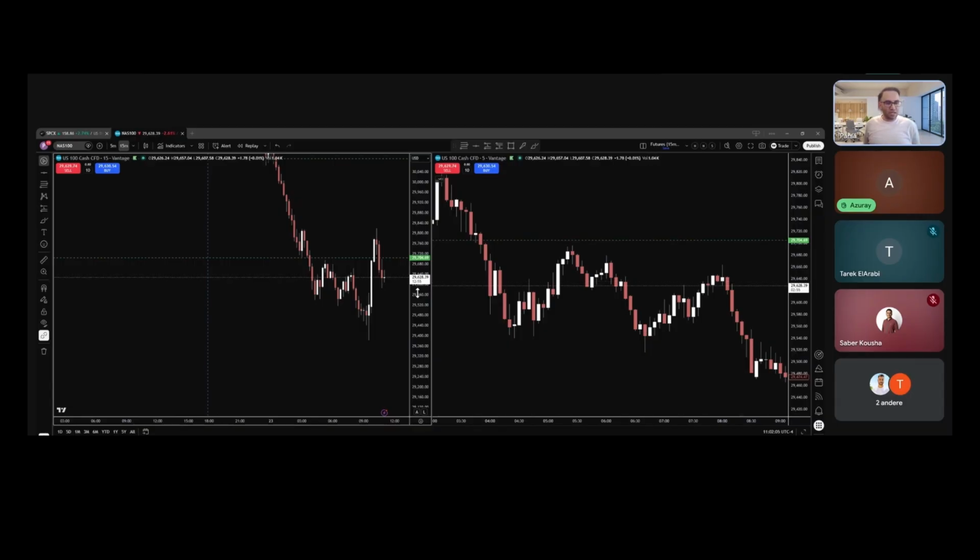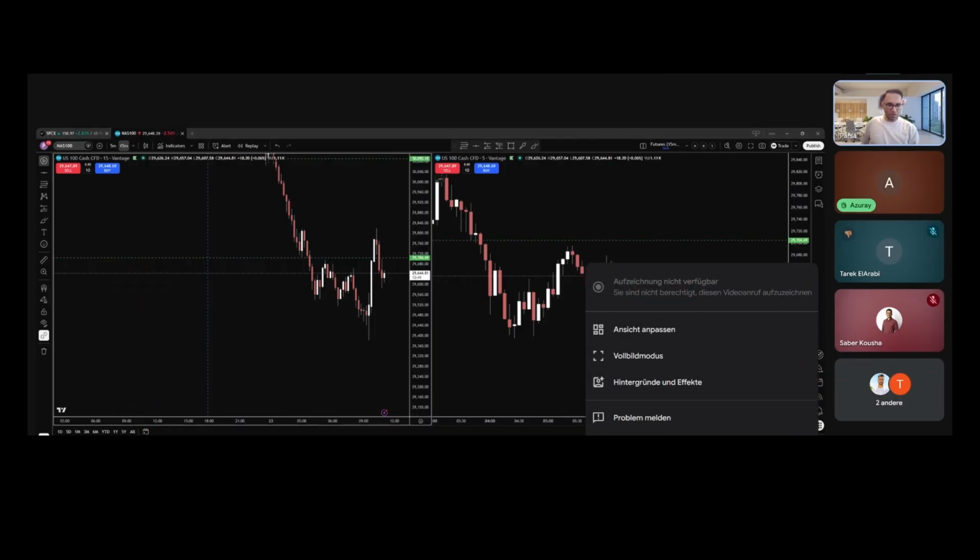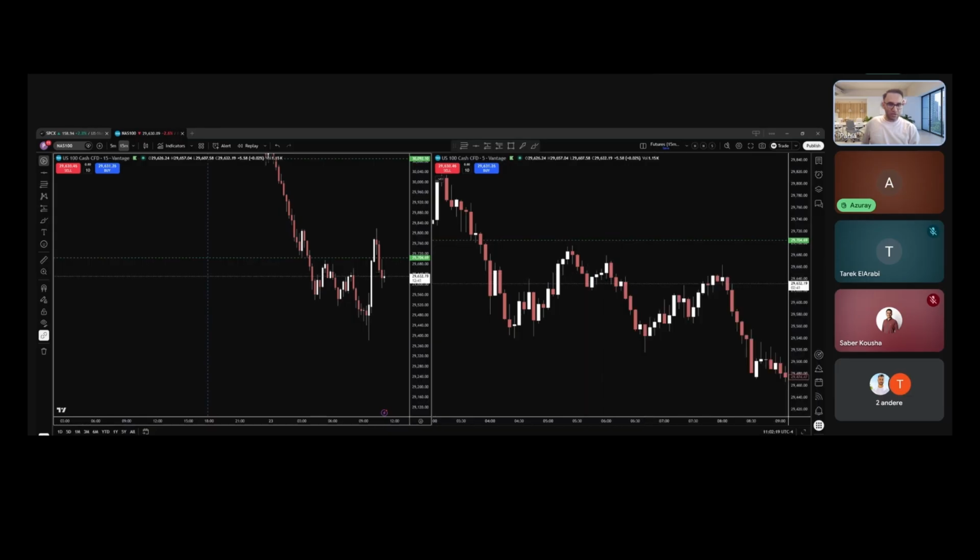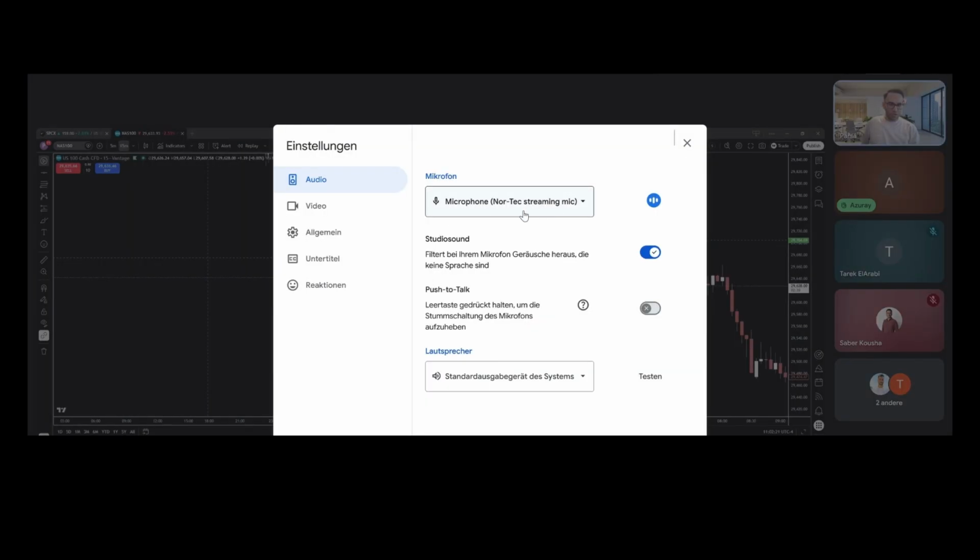Open your mic again, I cannot hear you. Can anyone hear her? Maybe if you go to the 3 dots here, okay, that's in German language, you go to the settings, then to your microphone here, and you need to choose the other one maybe. That will probably fix it.